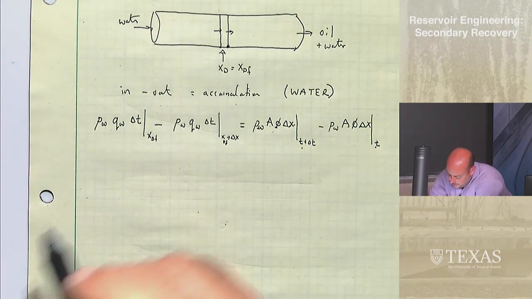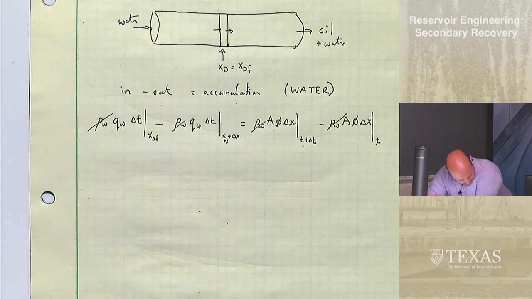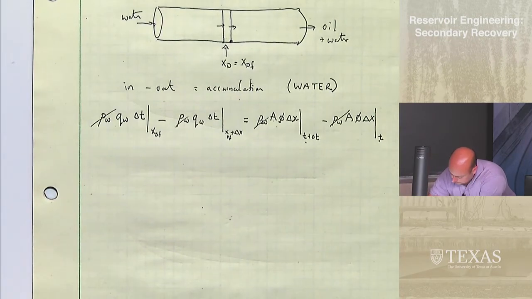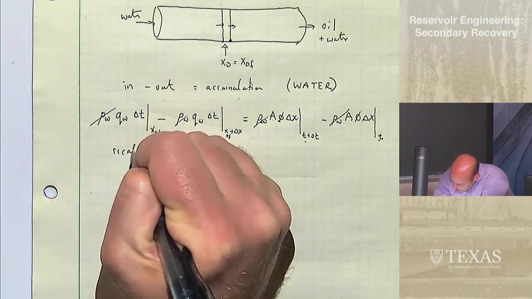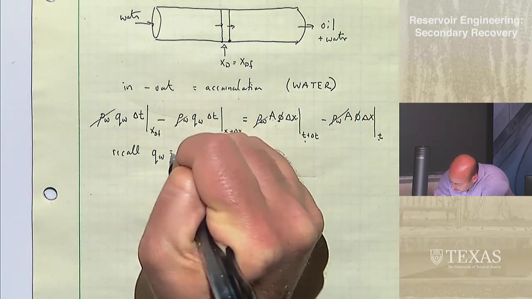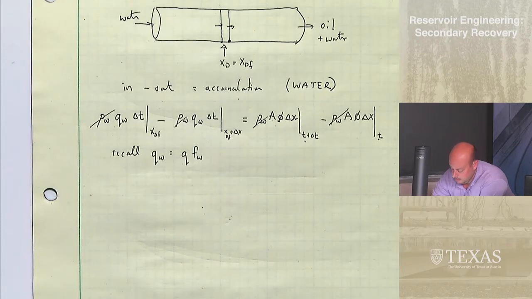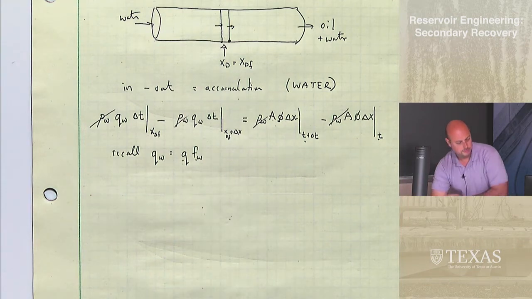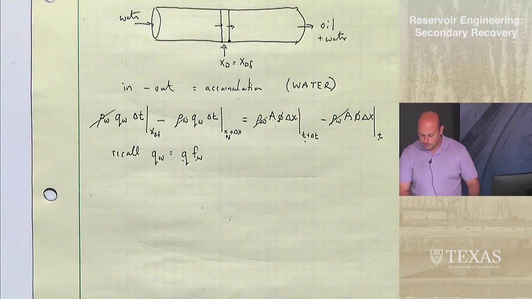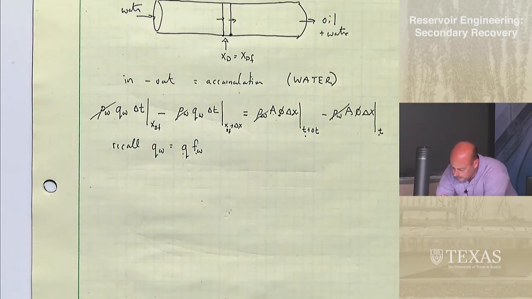We're again assuming that we have an incompressible fluid, so the densities don't change. Then I can recall QW is Q times FW. Q is the total rate, FW is the fractional flow of water. So the water rate is the total rate times the fractional flow.